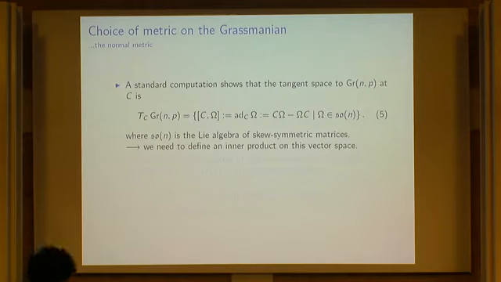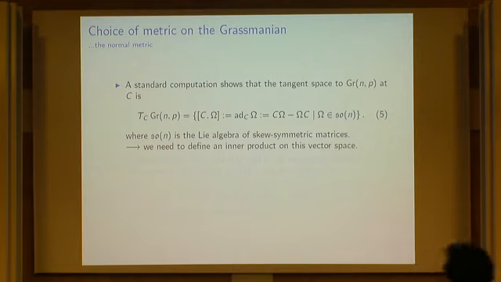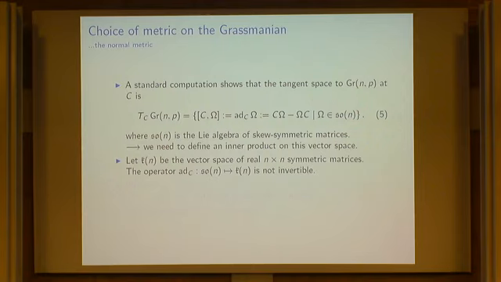So this is little so(n), the algebra of skew symmetric matrices. The space of all such matrices gives me the space of all directions in which I can move while keeping the property that I'm a rank P matrix, symmetric positive definite.